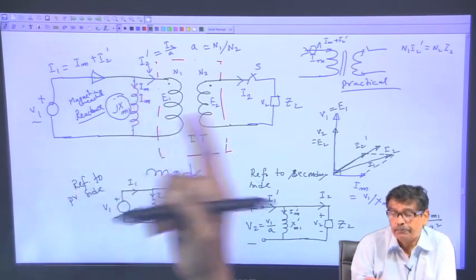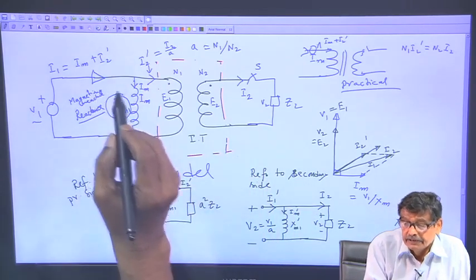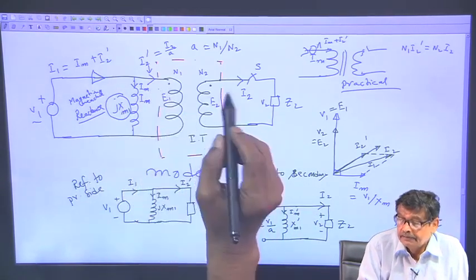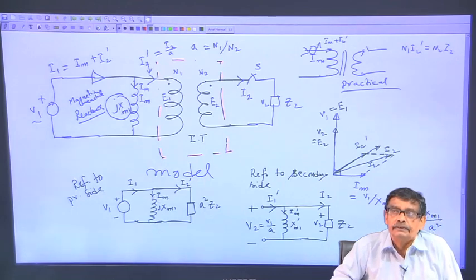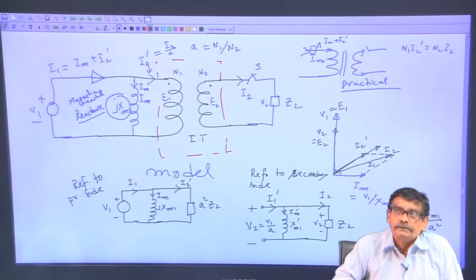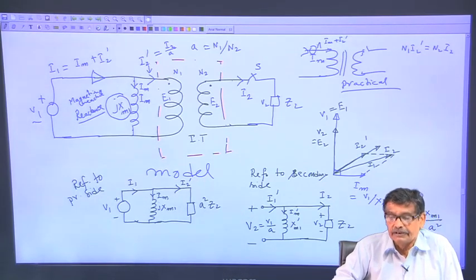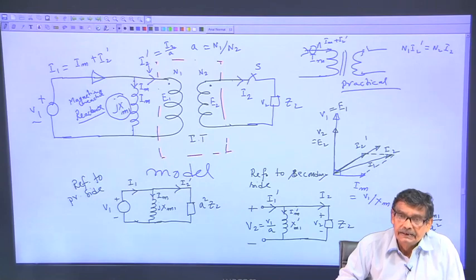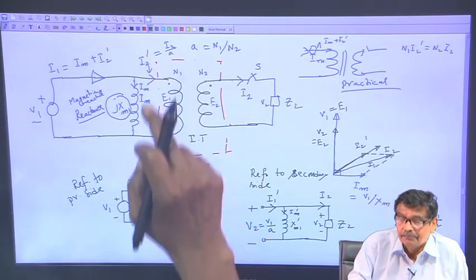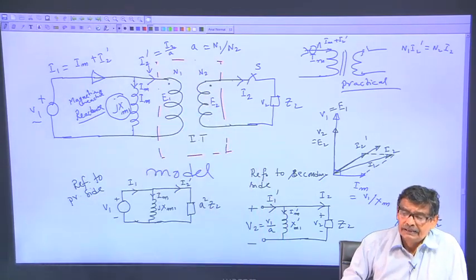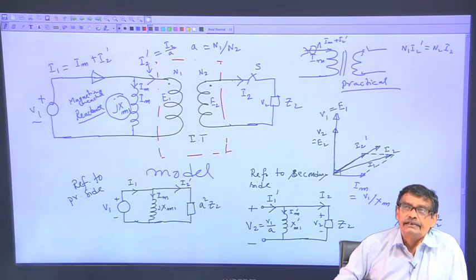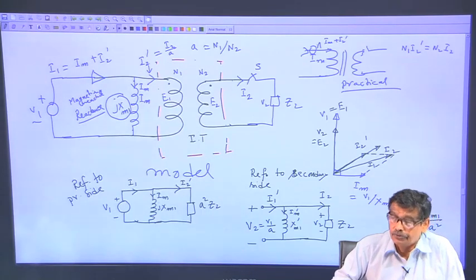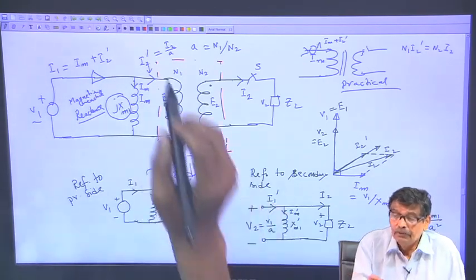Question is, where should I put R 1? Should I put it here? Should I put it there? Where? That is an interesting question. This portion is ideal, mind you. Therefore, if there is winding resistance, what is it going to do?